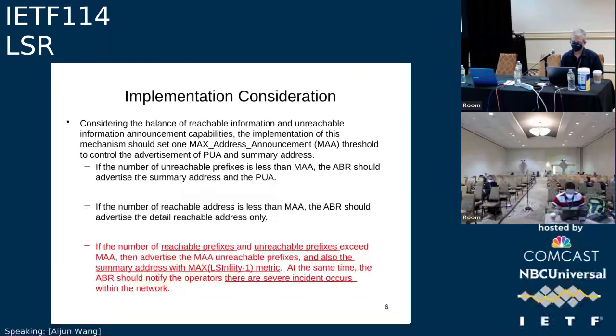If both the reachable and unreachable prefixes exceed the MAA, then the ABR should advertise MAA unreachable prefixes and also set the summary address with the max metric. At the same time, the ABR should notify the operator that there are several incidents occurring within the network. I think the last scenario will occur only in a network disaster.